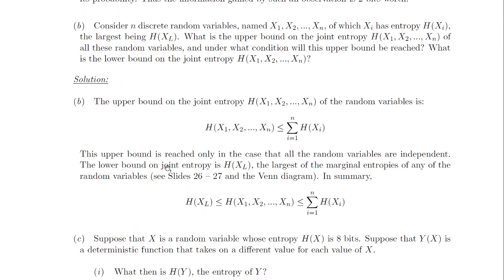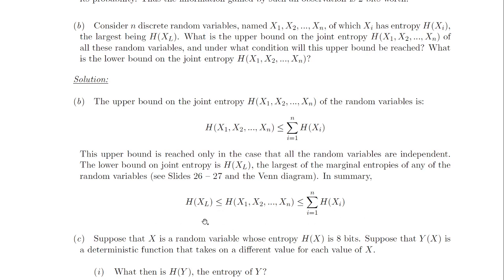And the lower bound, because it's a sum, is whatever is the largest. The random variable with the largest entropy is the smallest that this sum could possibly be. Conceivably, the others may all have zero entropy. So this is a lower bound on the joint entropy here. In other words, the one with the largest entropy is the lower bound on this sum.